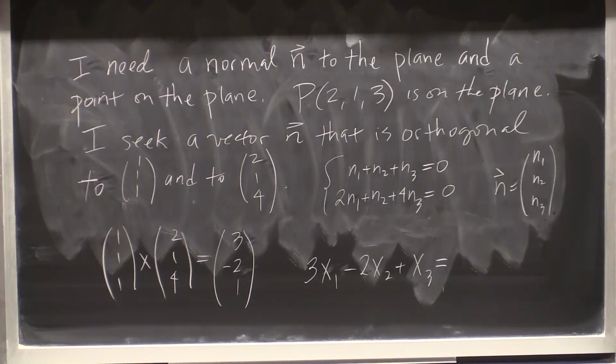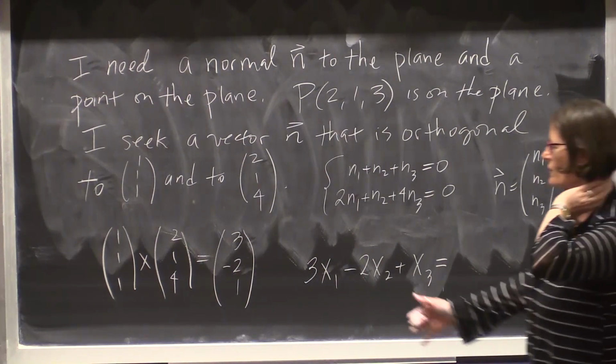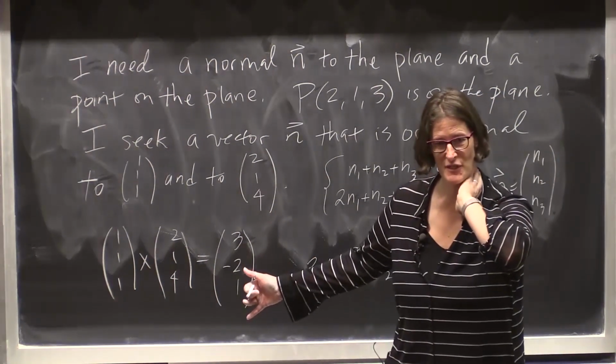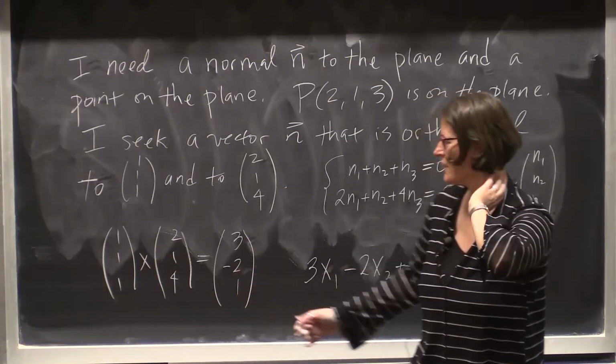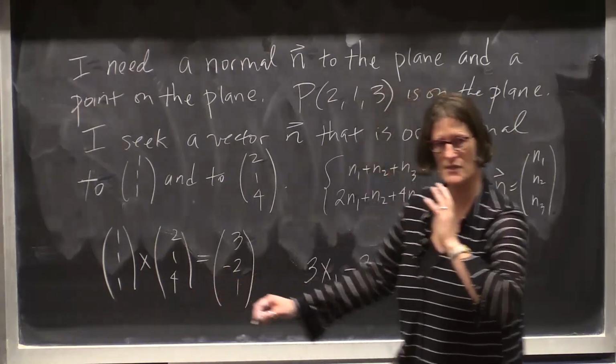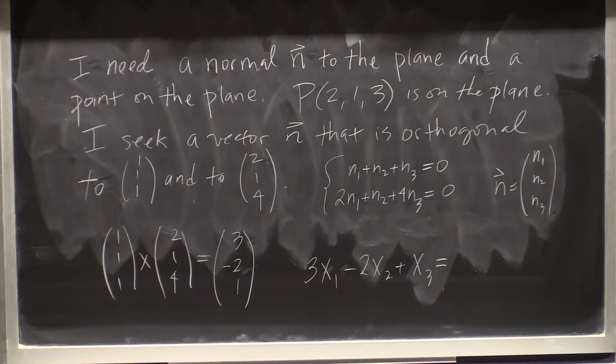You got 3? Okay, so the question is where did the rabbit come from that I just pulled out of the hat? I will show you in a moment. Right now I'm just asking you to believe me that it's useful. The question was where did that come from, and the answer is I'll show you in just a moment.